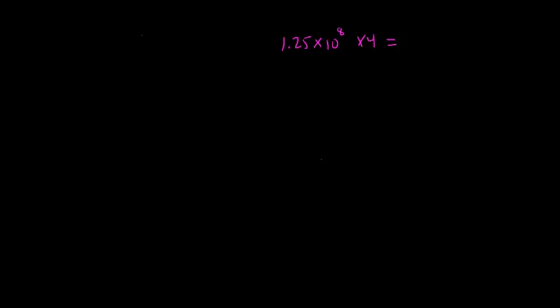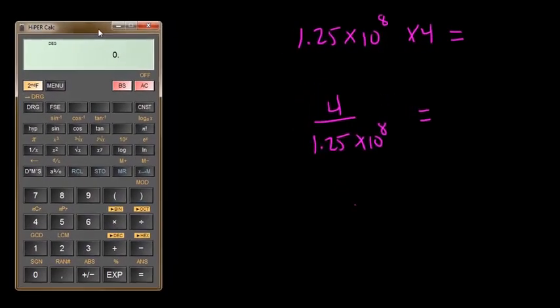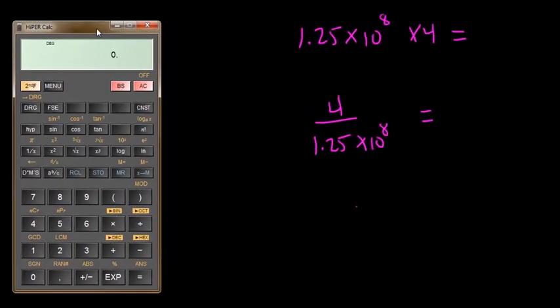Okay, let's try another one. What if we have 4 divided by 1.25 times 10 to the 8th? Okay, let's figure out what this is. So let's pull up our calculator here. Okay, so a really common way of doing this, and I'm going to say up front that this is an error, a really common way of doing this is taking 4 divided by 1.25 times 10 to the 8th power. And when we end up here, we end up with 320 billion.